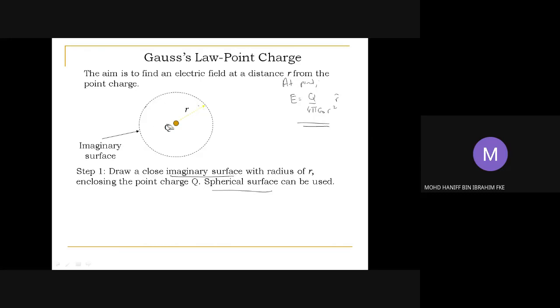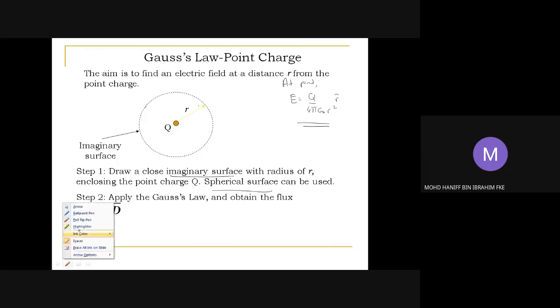That's your first step. Second step, we can then apply the Gauss law, and from the Gauss law output, you must be able to calculate the flux density. How can we calculate the flux density from the Gauss law? The equation is the closed surface integration of D dot dS equals the enclosed charge.